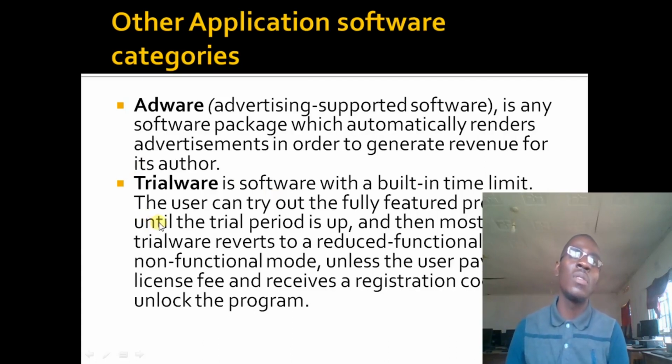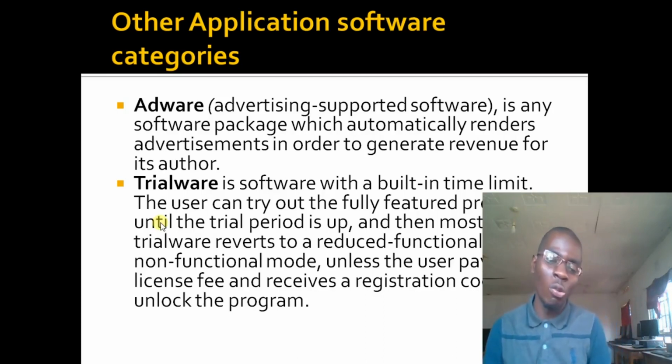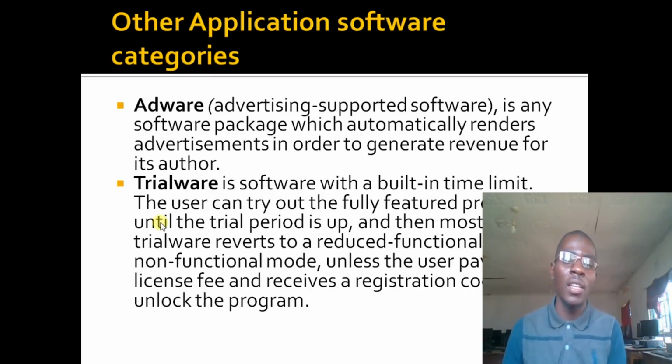Then the other category is trialware. This one is software that you download, or that you get maybe from someone, but you use it for a given period of time for free. In most cases they give you 1 month to use that software.